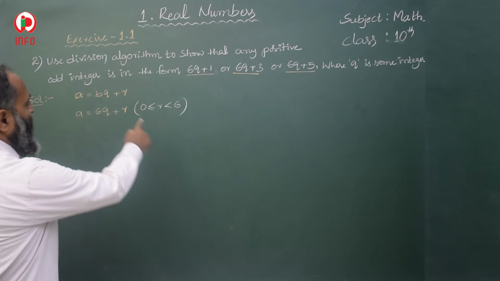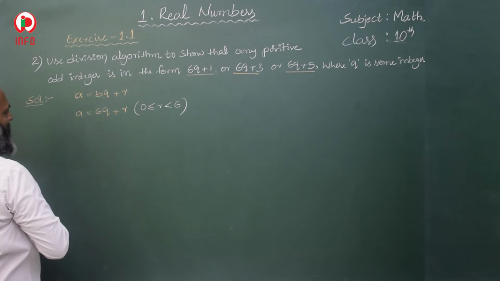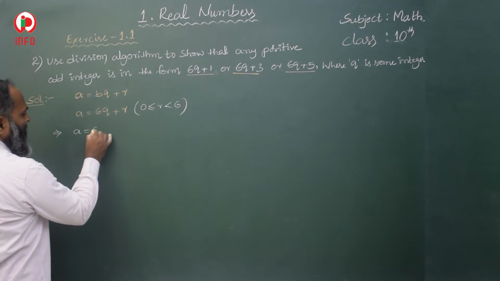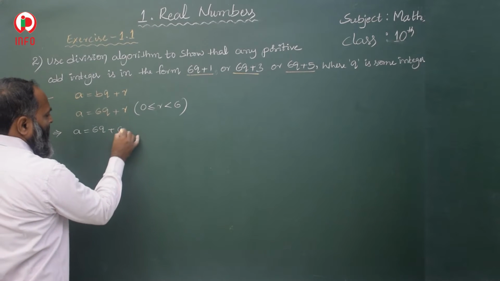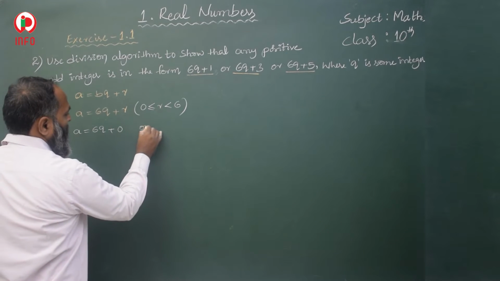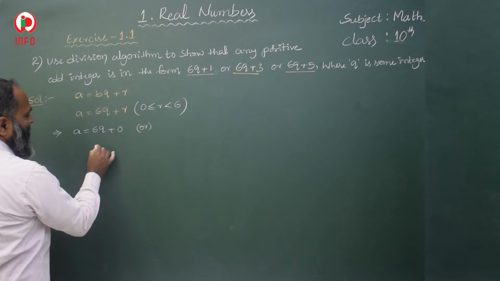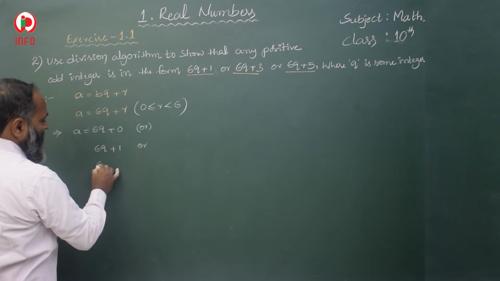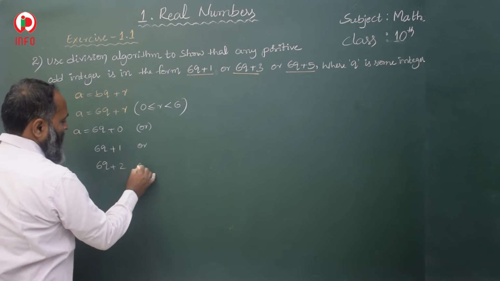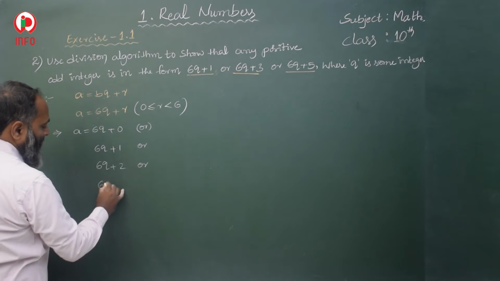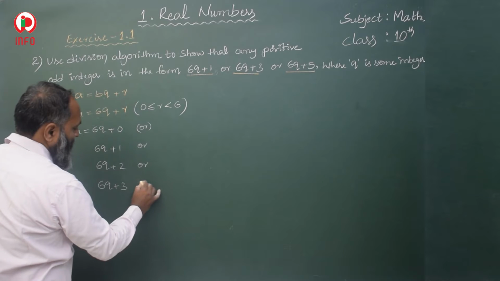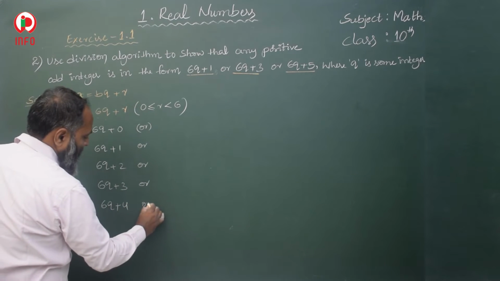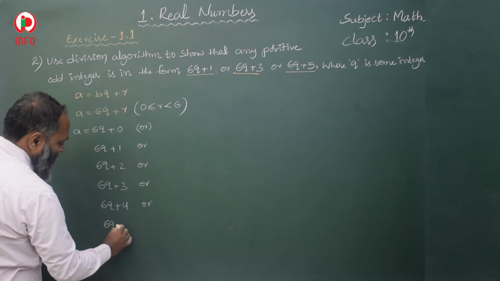So a is equal to 6q plus 0, or 6q plus 1, or 6q plus 2, or if the remainder is 3 then 6q plus 3, if the remainder is 4 then 6q plus 4, or 6q plus 5.